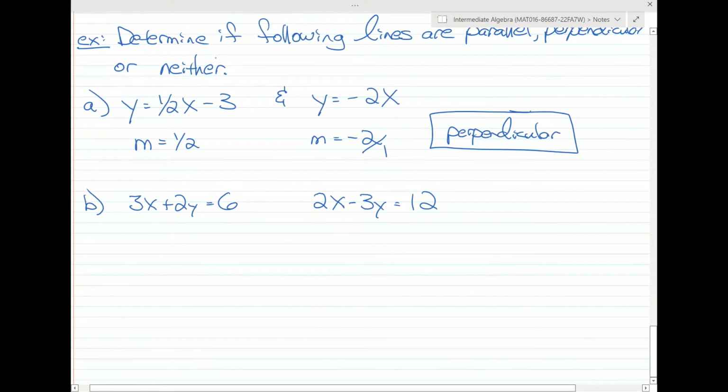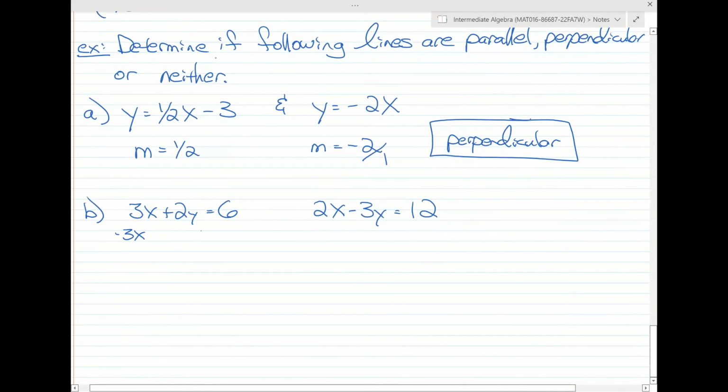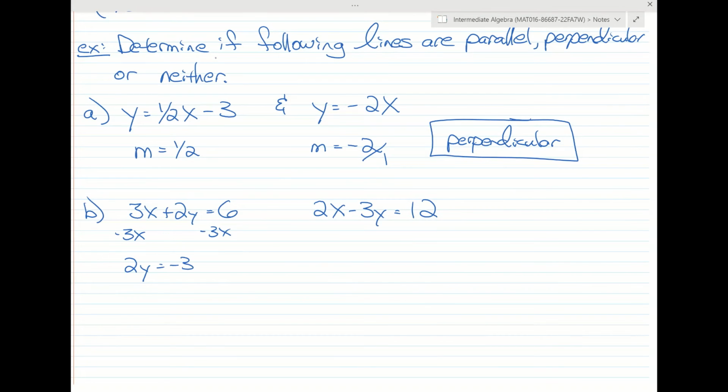So what you could do is subtract the 3x on both sides, and then divide everything by 2 to get the y by itself. And now we can see the slope is negative 3/2.